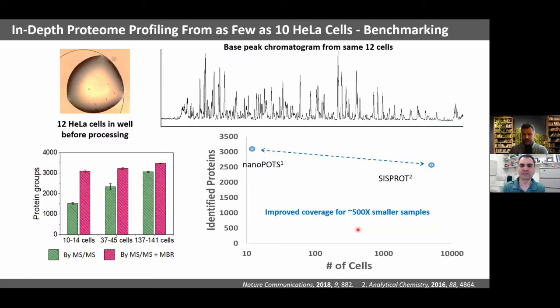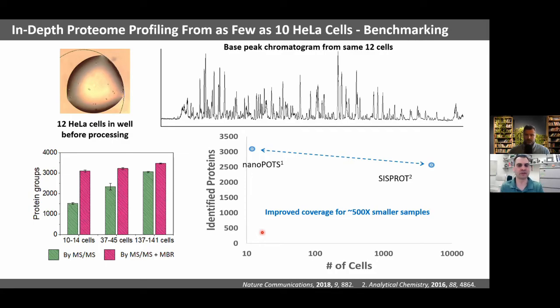So in terms of initial characterization, we just looked at as few as 10 HeLa cells. And we were able to identify over 3,000 proteins from these very small samples. And for benchmarking purposes, this showed that we were able to identify more proteins from 10 cells than was previously possible to identify from 500 times larger samples, so samples comprising 5,000 or so cells.